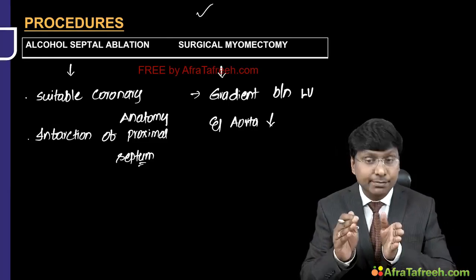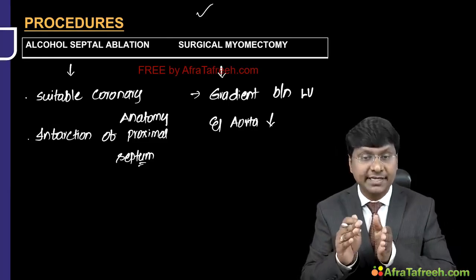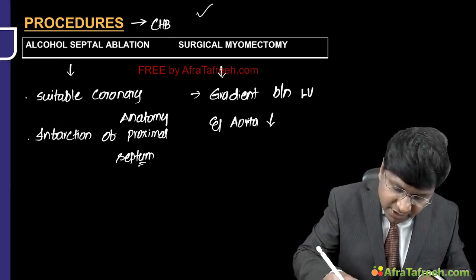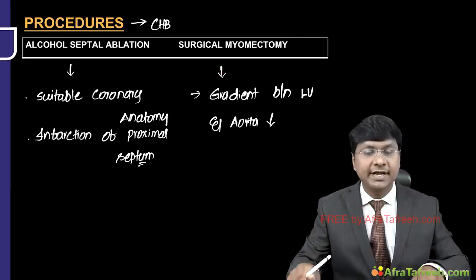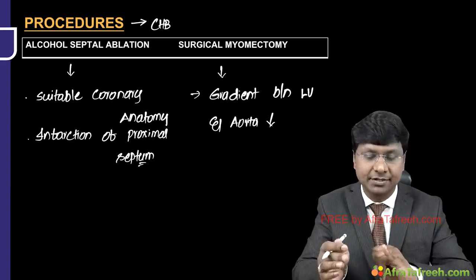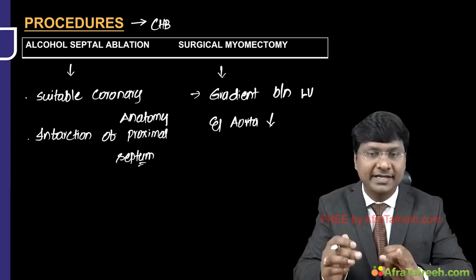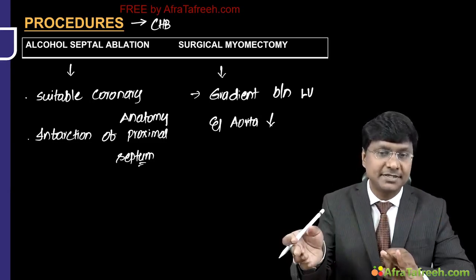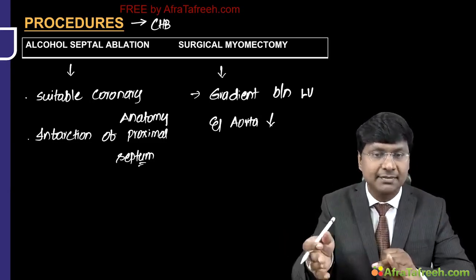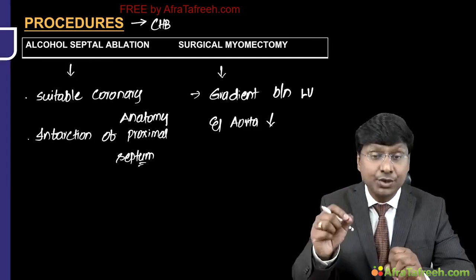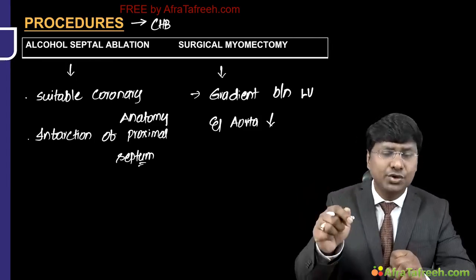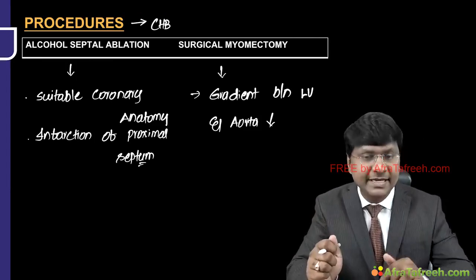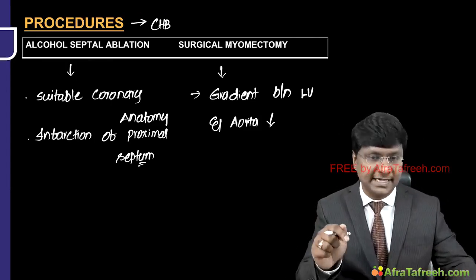Okay, so the most common complication is the development of complete heart block. Because what you are doing is the alcohol septal ablation or surgical myomectomy of the septum. When you do this, there is a high chance that you may injure the conducting system present within the interventricular septum, and thereby the individual may develop complete heart block.